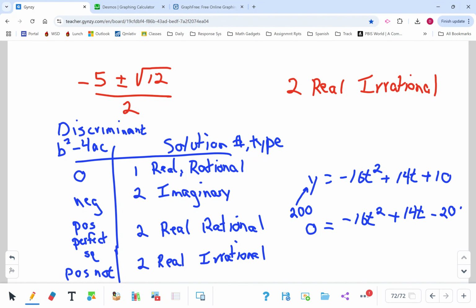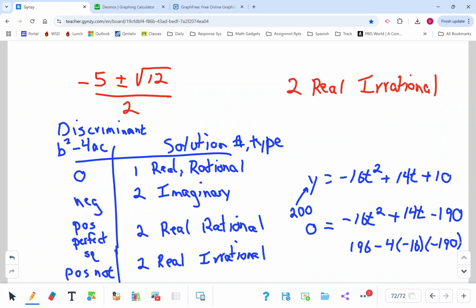Oops. Minus 190. And before we bother solving this thing, let's check and see what the discriminant would be, the b squared minus 4ac part. Well, 14 squared is 196 minus 4 times a, which is negative 16, times negative 190.